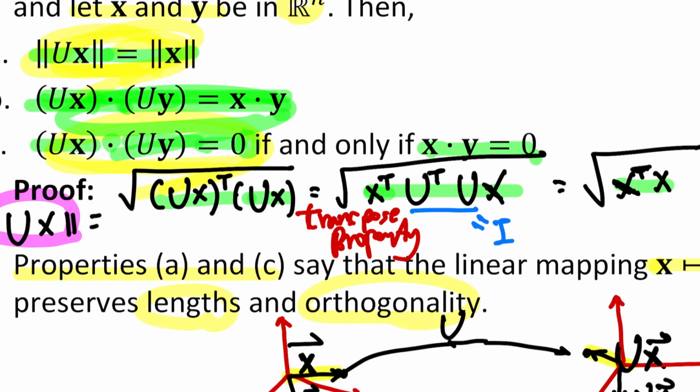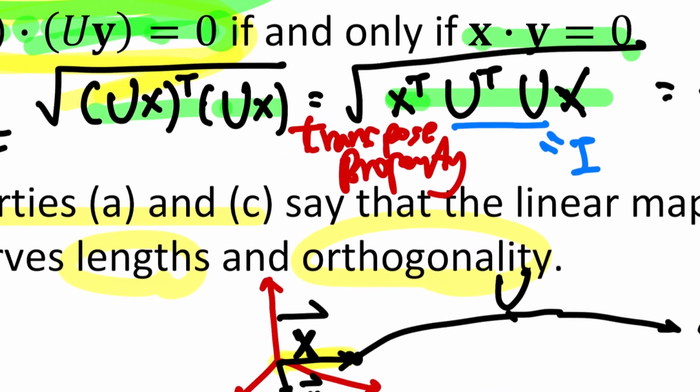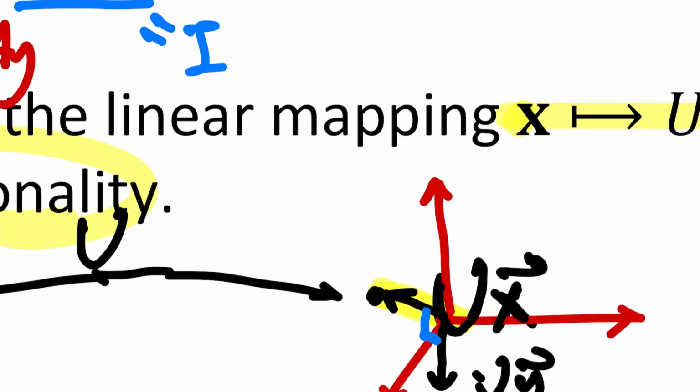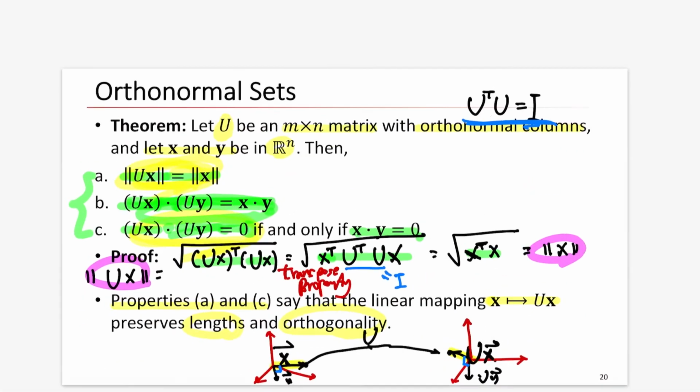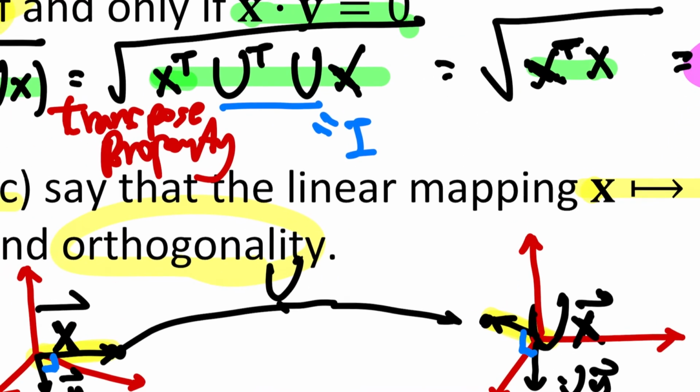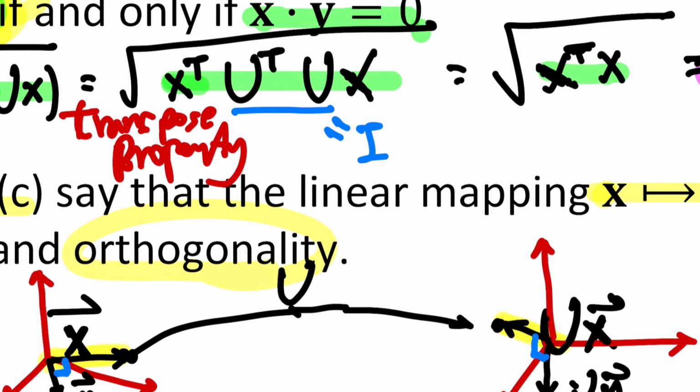Then let's say this vector x and y are orthogonal. Then in the transformed space, these two vectors are also orthogonal, right? Because of the property of this one, right? So this is a very, very important property of the orthonormal set. Then by using this property, we can derive the eigenvalue decomposition or the singular value decomposition.